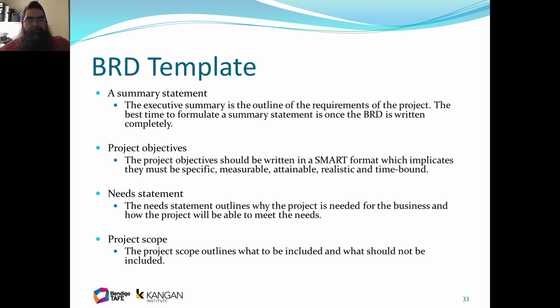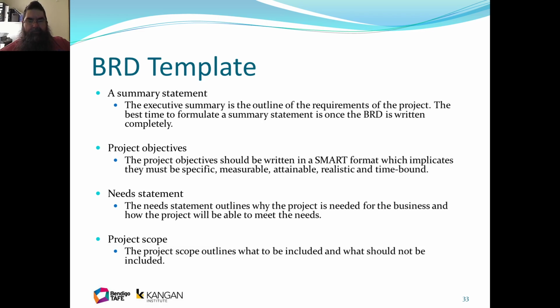Next become the project objectives. Again, keep them in the SMART format: specific, measurable, attainable, realistic, and within a time frame. The needs statement is what the business needs are for that project. In other words, what resources you need, that sort of thing.